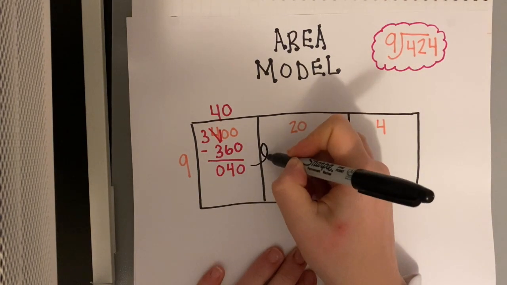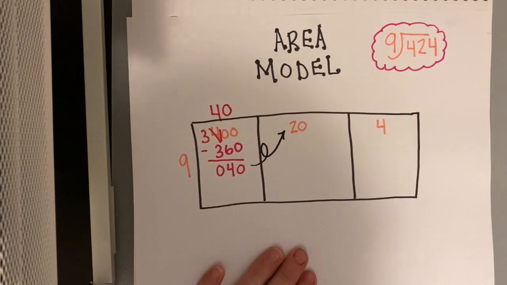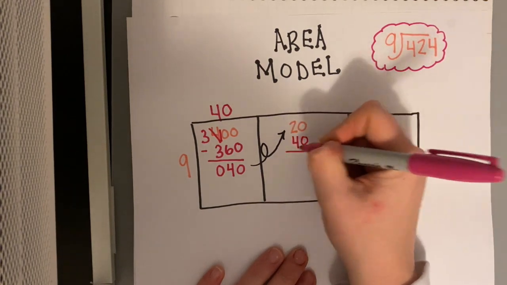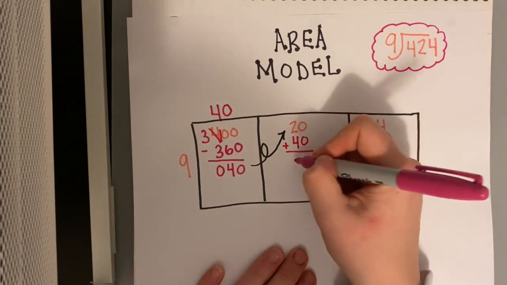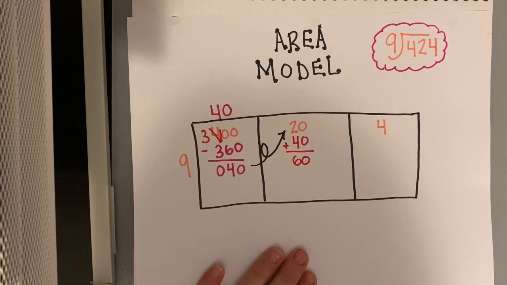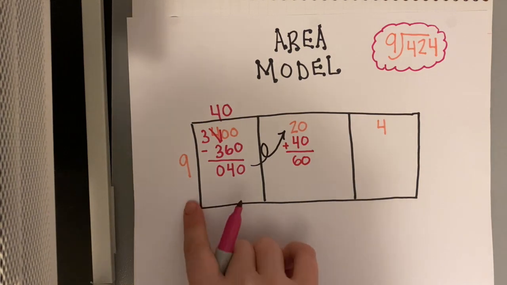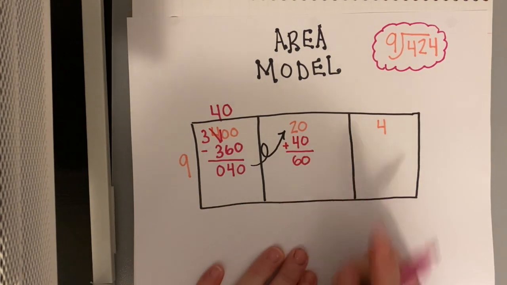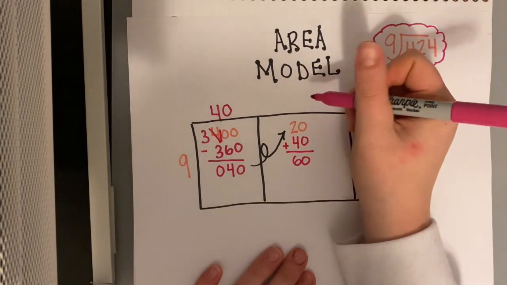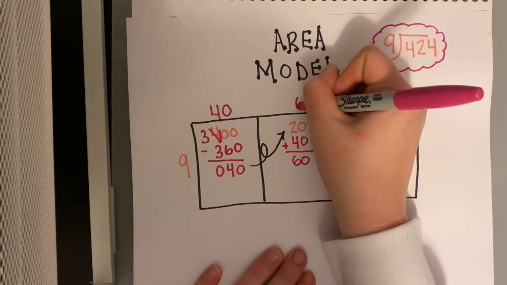So I'm going to do my loop and add it to my 20, which is 60. Now how many times does 9 go into 60? Well, I know the closest I can get is 54. So that is 6, and I'm going to put my 6 up here.